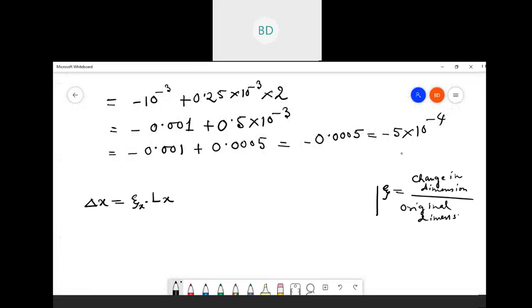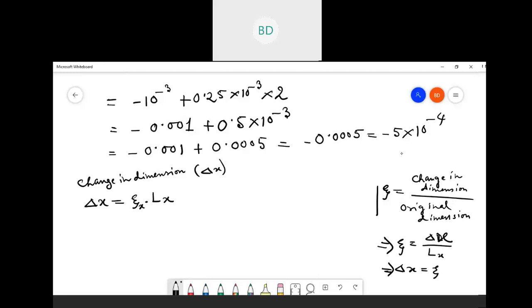Let's say the change in dimension is delta x, and the original length is lx. So delta x equal to epsilon into lx.